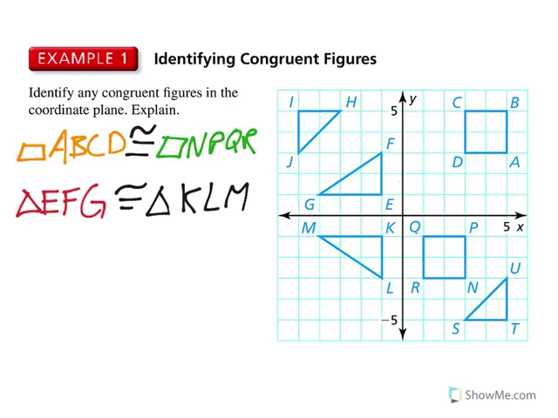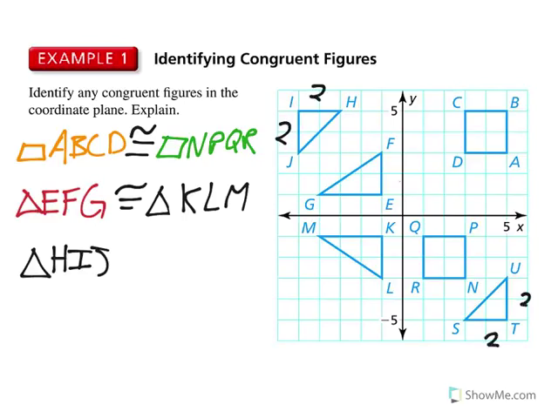So then our last set of shapes is going to be that one more triangle that we have up there. So we have triangle HIJ. And the only one that we have left in this picture is also this triangle over here of UST. And so if I look once again, I have a length of 2 and 2. I have a length of 2 and 2.